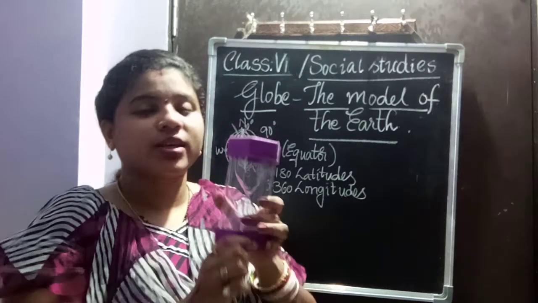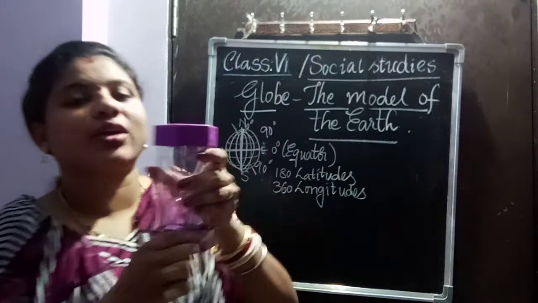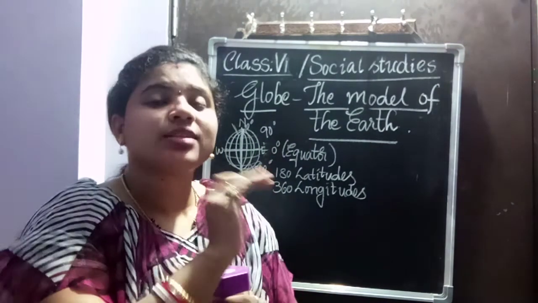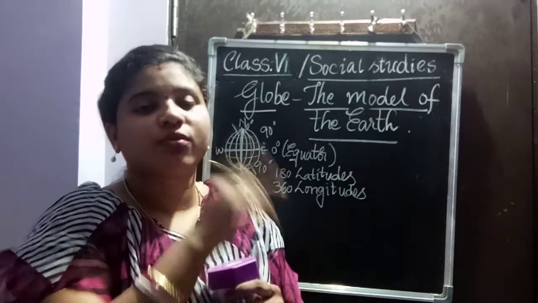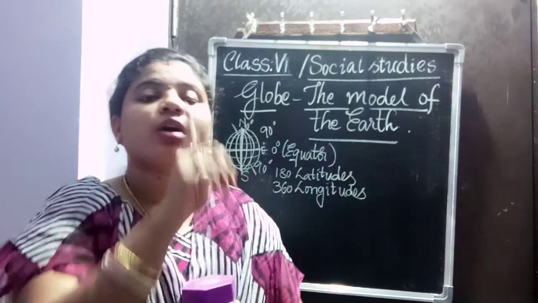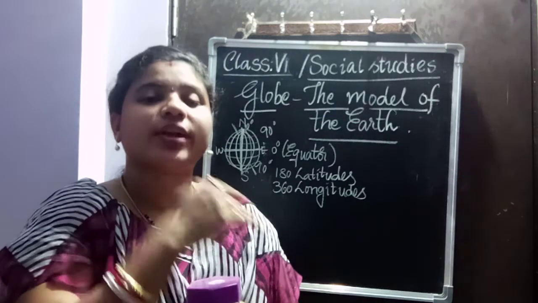Earth's work is to rotate as well as revolve. When it revolves, it takes 365 days, or 1 year, to complete one revolution. Revolution causes different seasons.